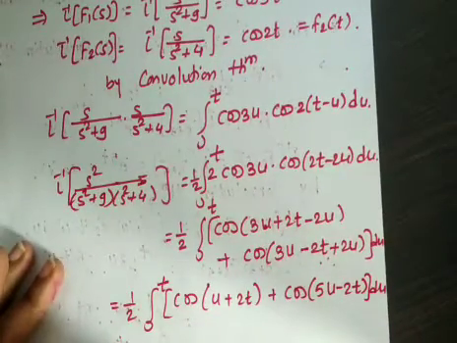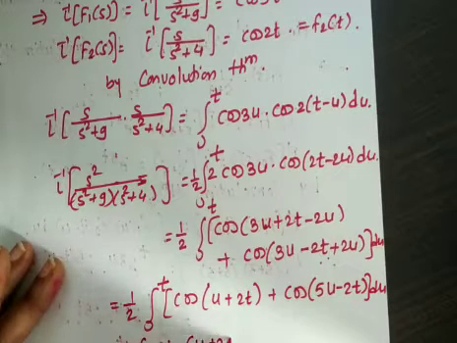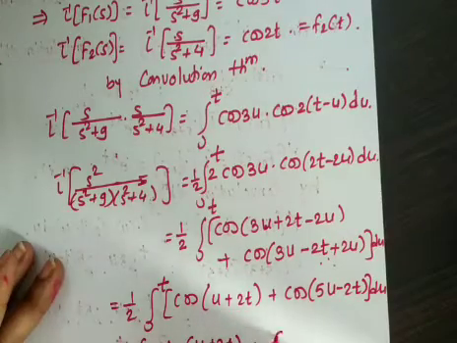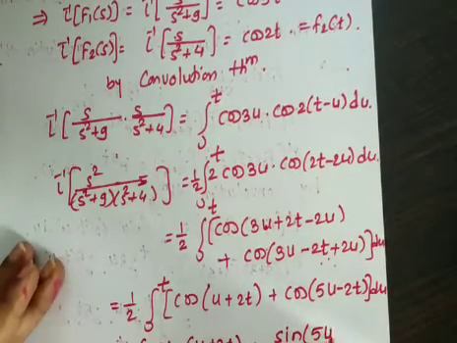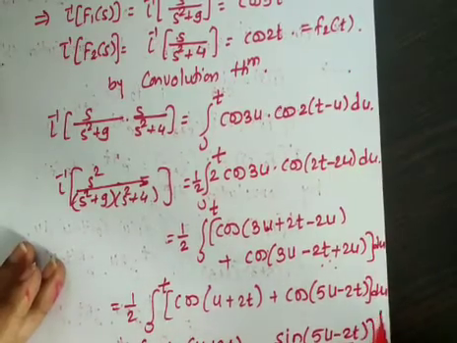Then we'll write the integration. Integration of cos(u plus 2t) is sin(u plus 2t) upon the derivative with respect to u, that is 1, plus sin(5u minus 2t) upon 5, from 0 to t.